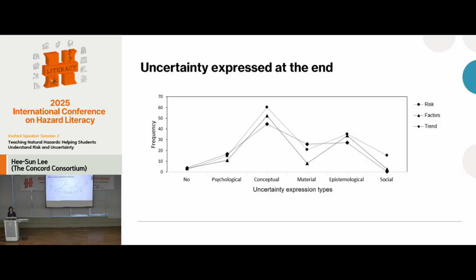So these are the graphs that we saw across the three tasks, and students mostly focus on conceptual uncertainty for their certainty levels, followed by epistemological. And social uncertainty is most prominent when they talk about whether people are going to be impacted. That's obvious.